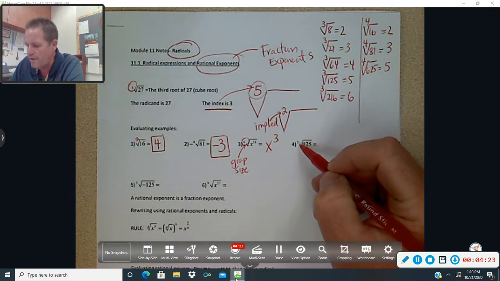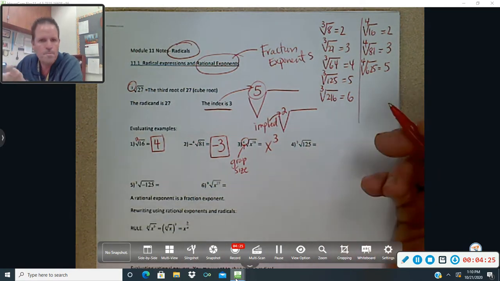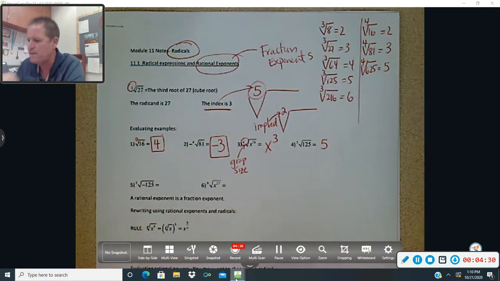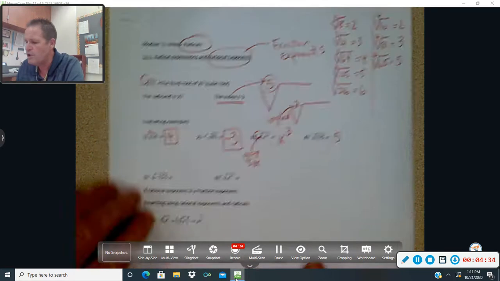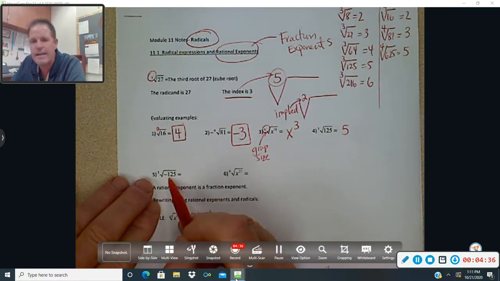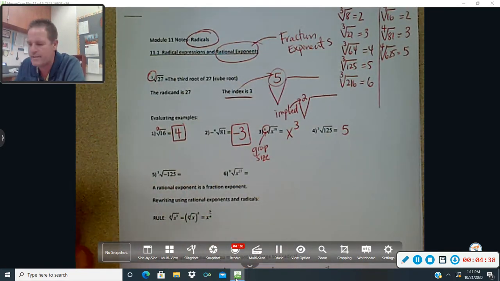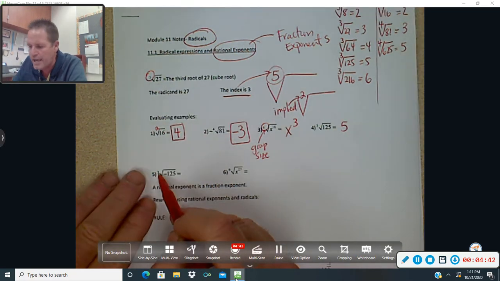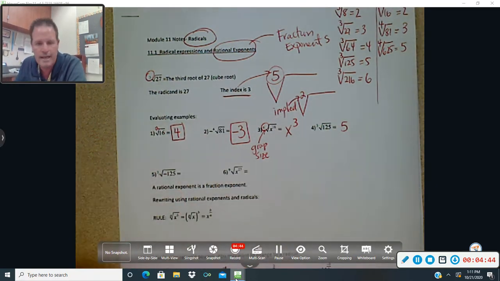Cube root of 125, so we're looking for 3 things that multiply together to make 125. That would be 5. Okay, 5 times 5 times 5. Now, you can odd index a negative. You can't even index a negative. We've had i's and stuff like that before. But if it's an odd index, you can root a negative.